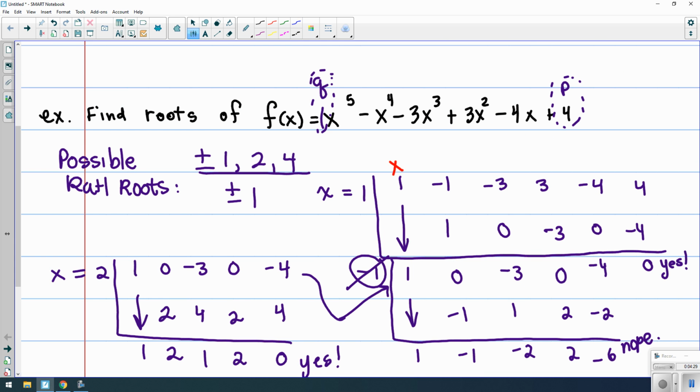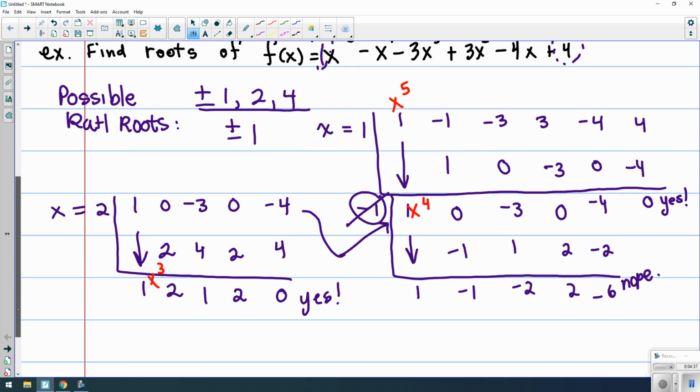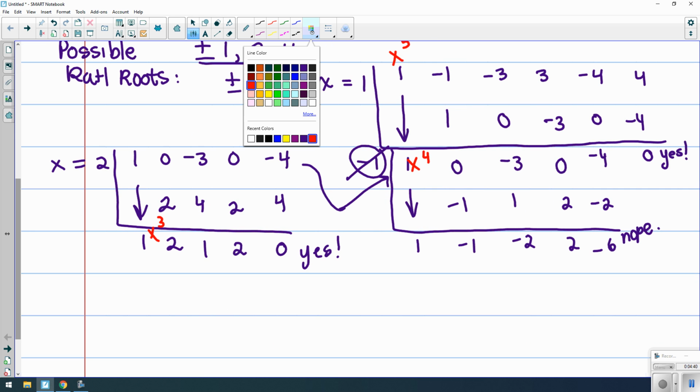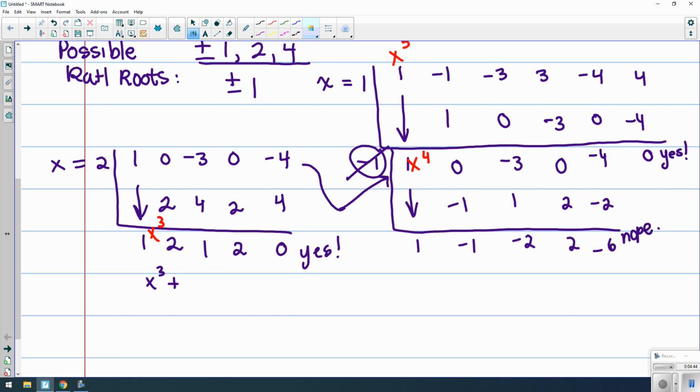This guy got me down to x to the 4th, and then this guy will be x to the 3rd. Let's take a look at what I'm left with for a depressed polynomial. I have x to the 3rd plus 2x squared plus 1x plus 2.